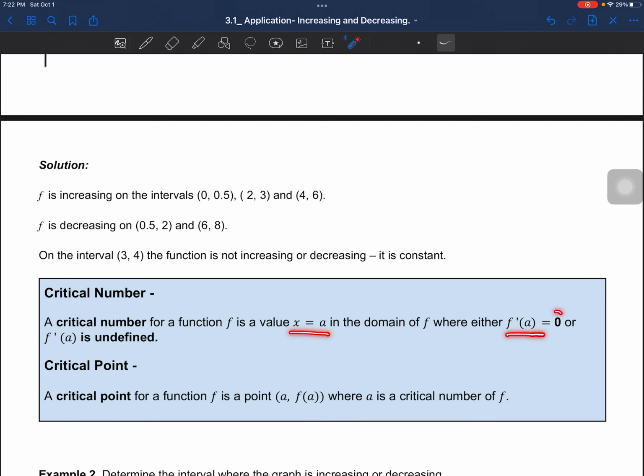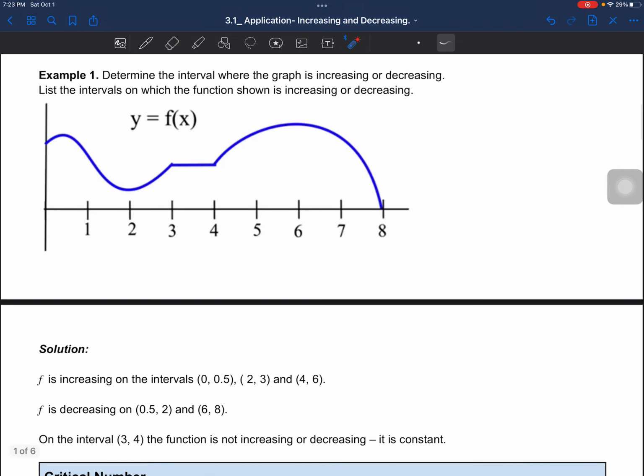If we already know that a is a critical number, because when you plug it in the derivative it gives you 0, or when plugging it in the derivative gives you undefined, then this should give you a value on the function. This point in the function is going to be a critical point. It's a very particular point. So that's actually this point right here.